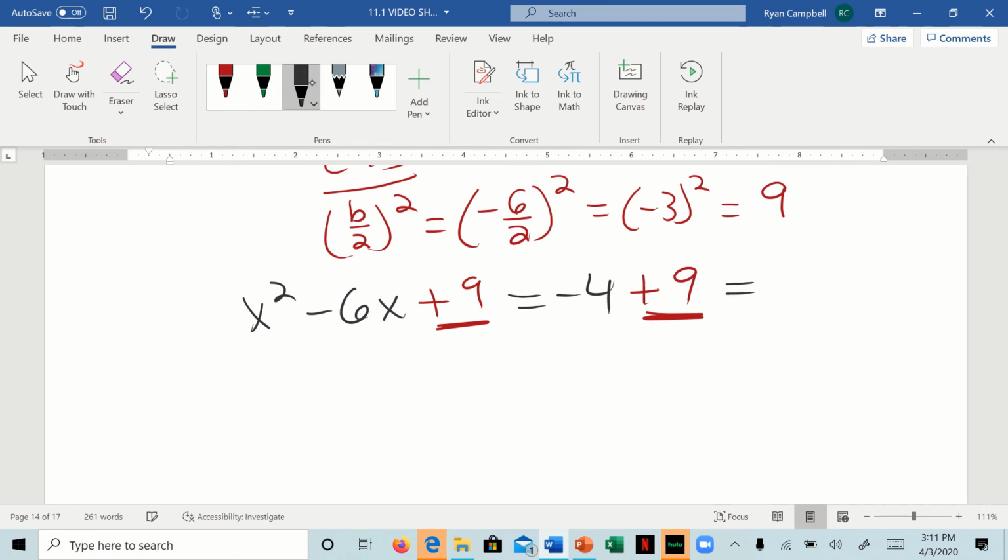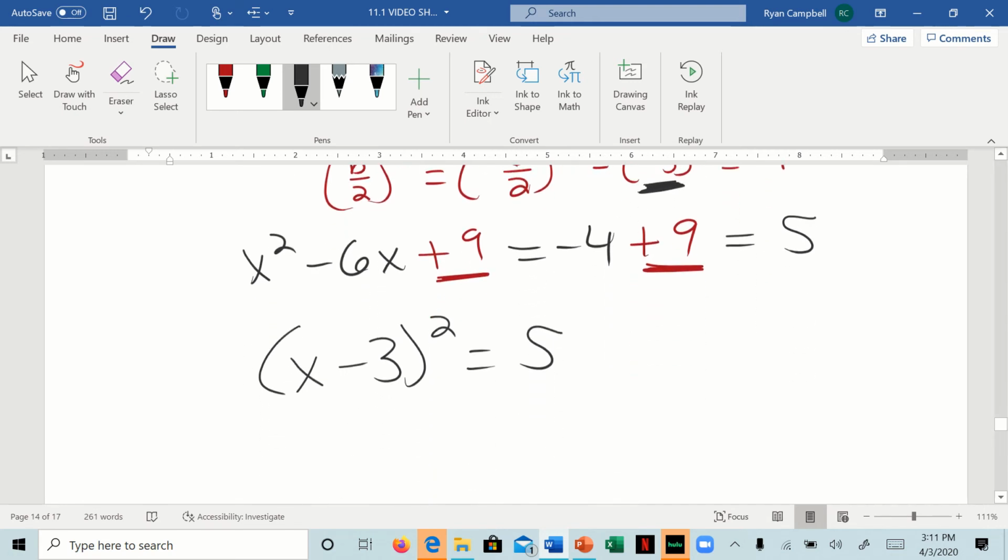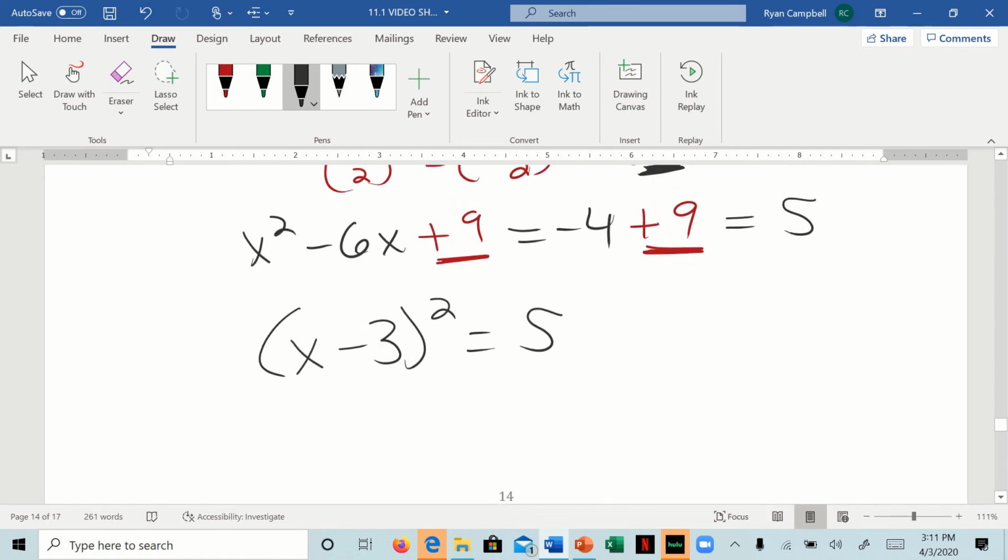So we see that the right side is just +5. Step 3, factor. So when we factor the left side, we should see that that's going to be x minus 3 squared equals 5, right? So just the number we squared from our completing the square. Then we do the square root property, right?